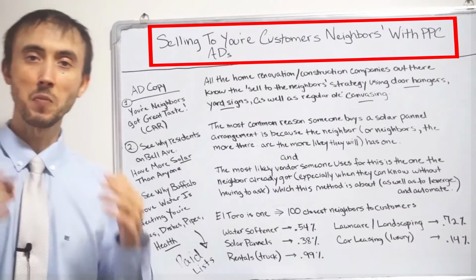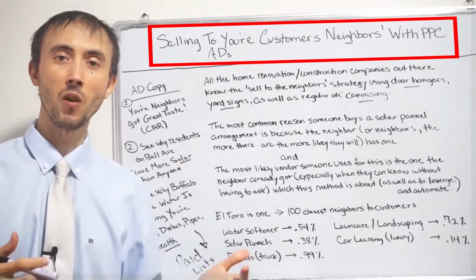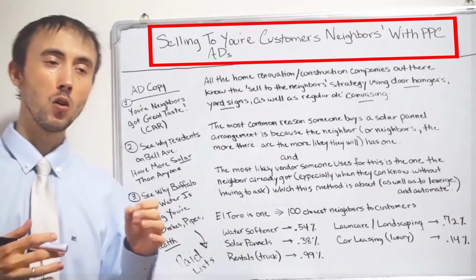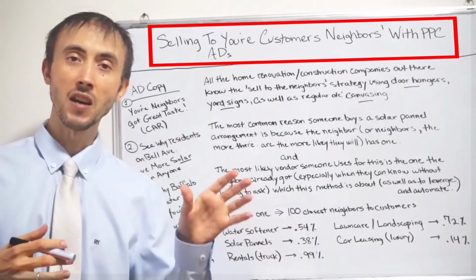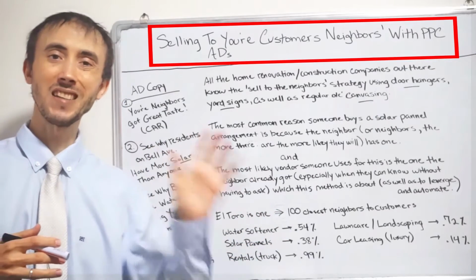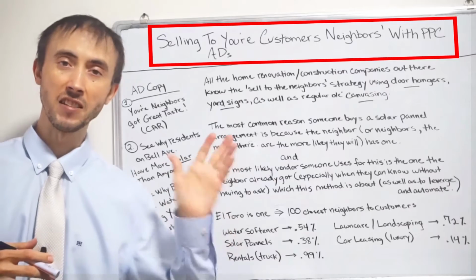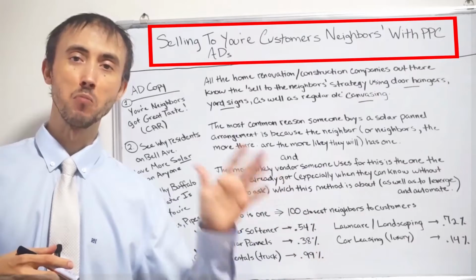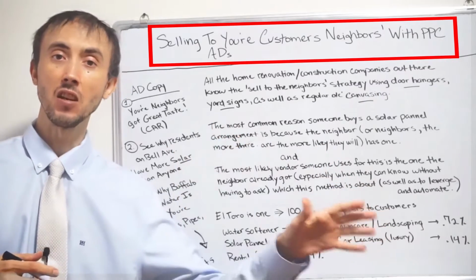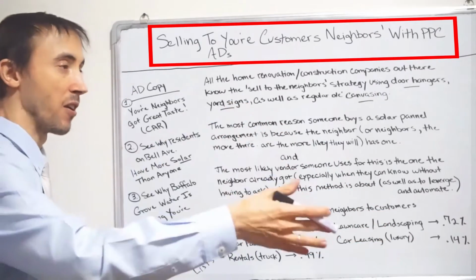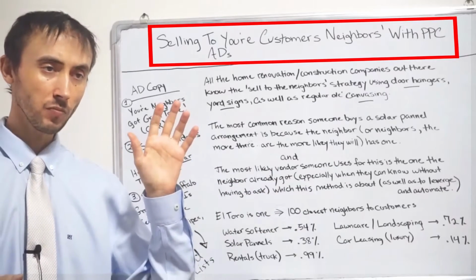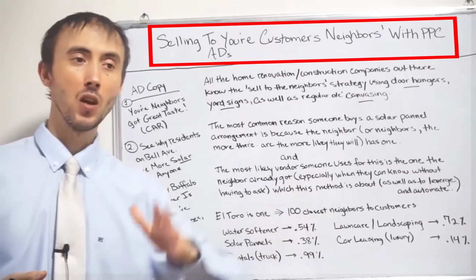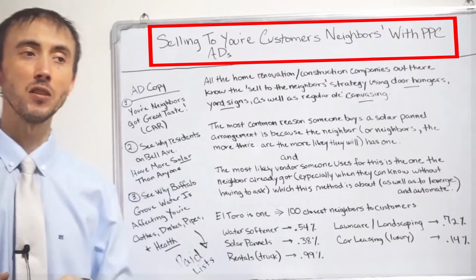So basically speaking, the reason for this particular method that I'm sharing with you today is somebody that has a neighbor that's bought something is about 10 times more likely to buy than someone who has not had a neighbor who bought and can visually see, whether it's a truck outside the business, whether that shows that they're getting something from a certain company, or somebody working physically outside the house.